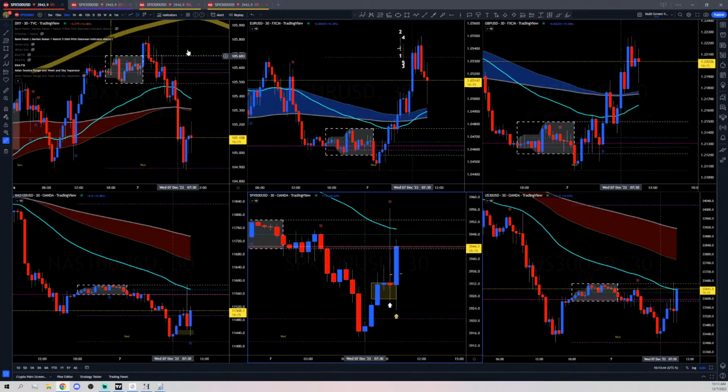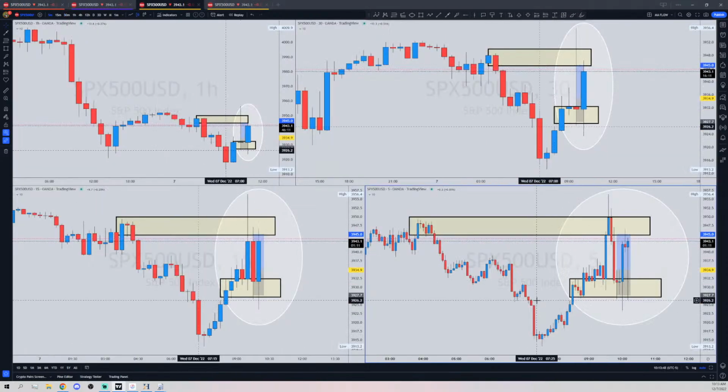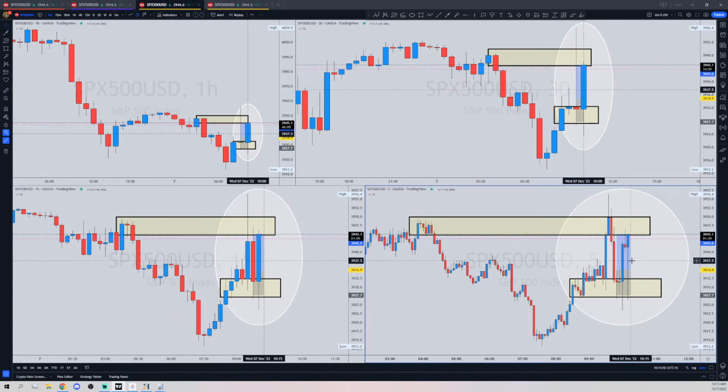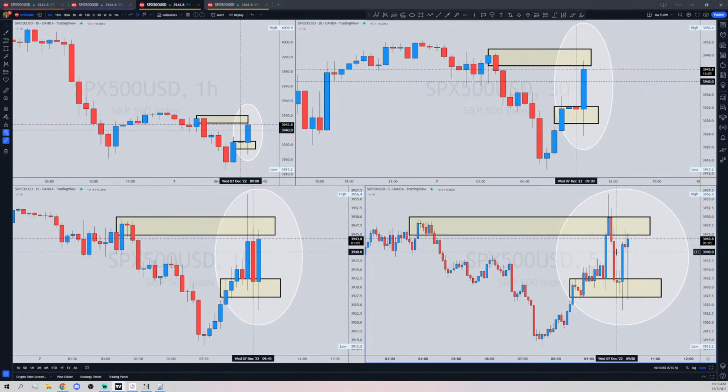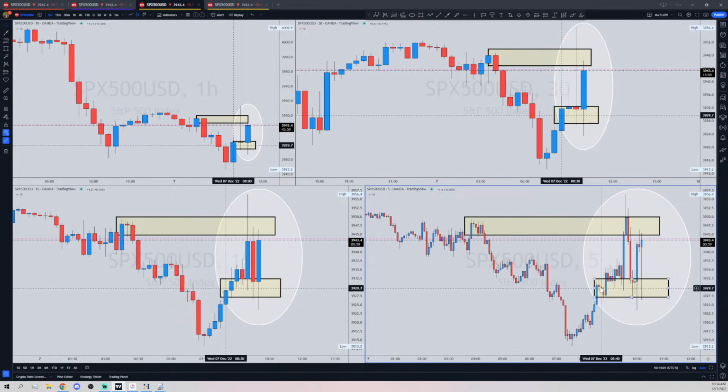Bro, is it already acting back? Crazy, because first of all, check out them zones that I drew based off this one and this right here and right here.